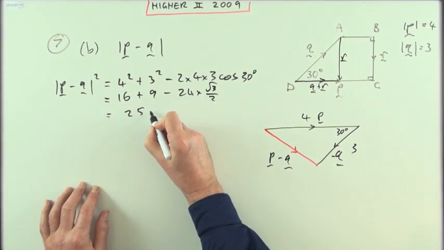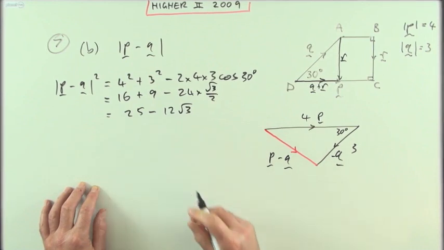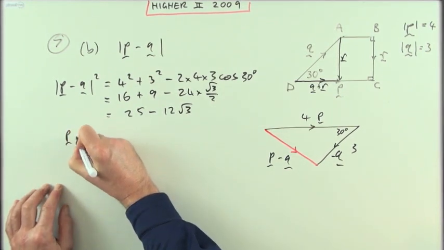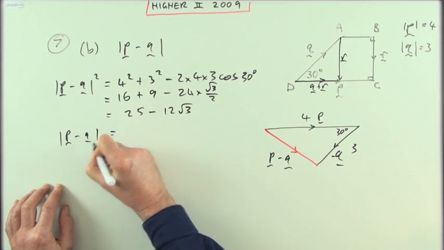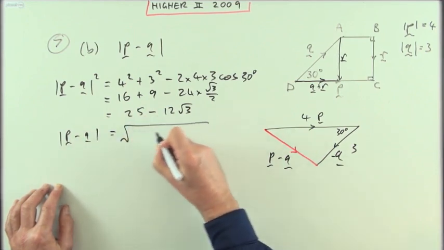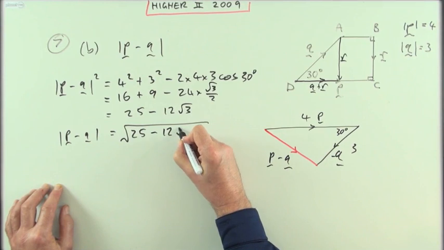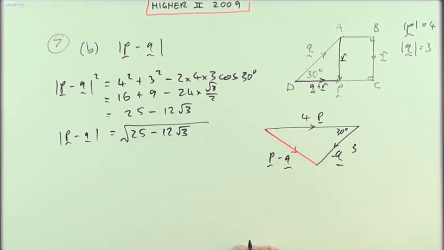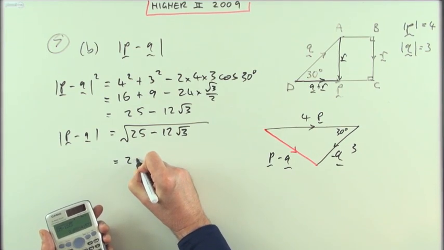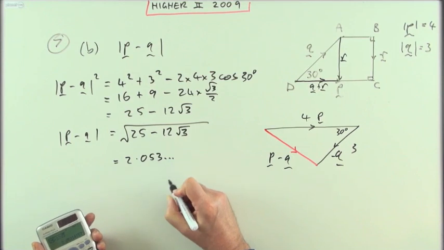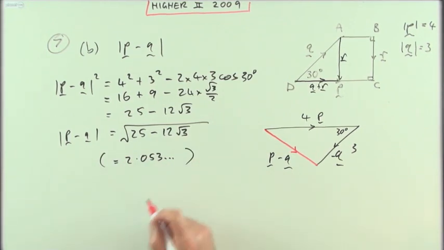So I've got 25 minus 12 root 3, which means that P minus Q, the length of it, is exactly the square root of 25 minus 12 root 3, which doesn't require any further simplification unless you want to put down a little note of its approximate decimal value, which is 2.053 and so on, which I'll just put in a bracket. There it is.